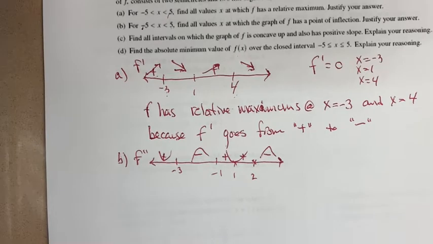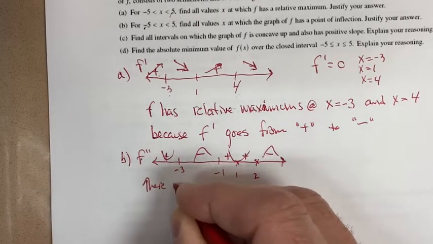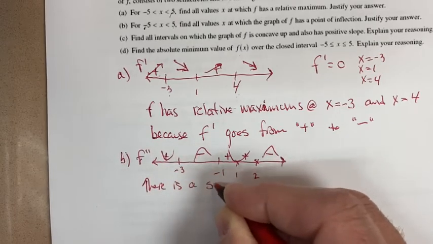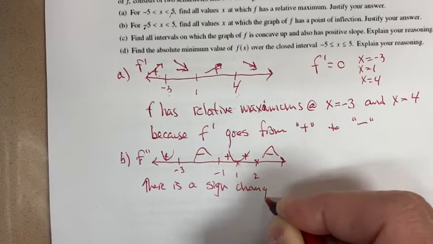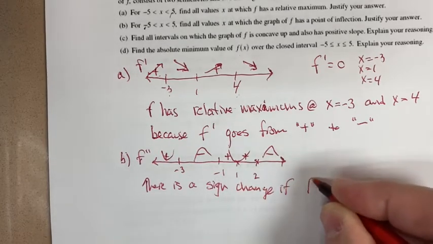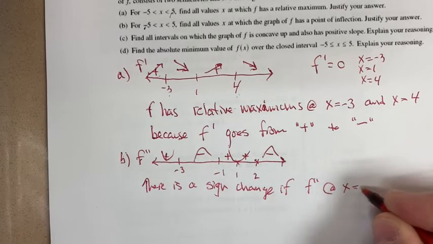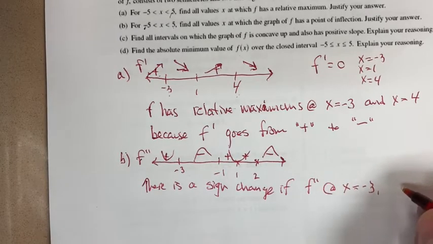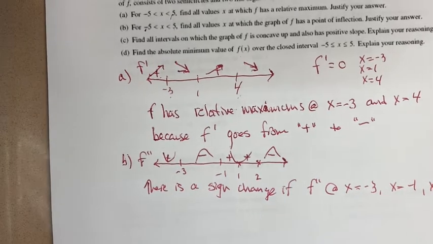So there's a sign change in f double prime at x equals -3, x equals -1, and x equals 2.